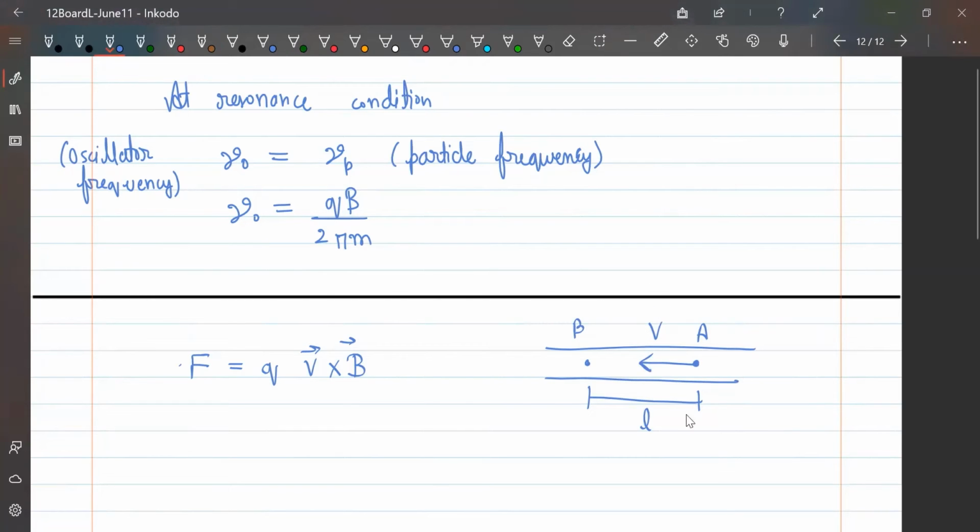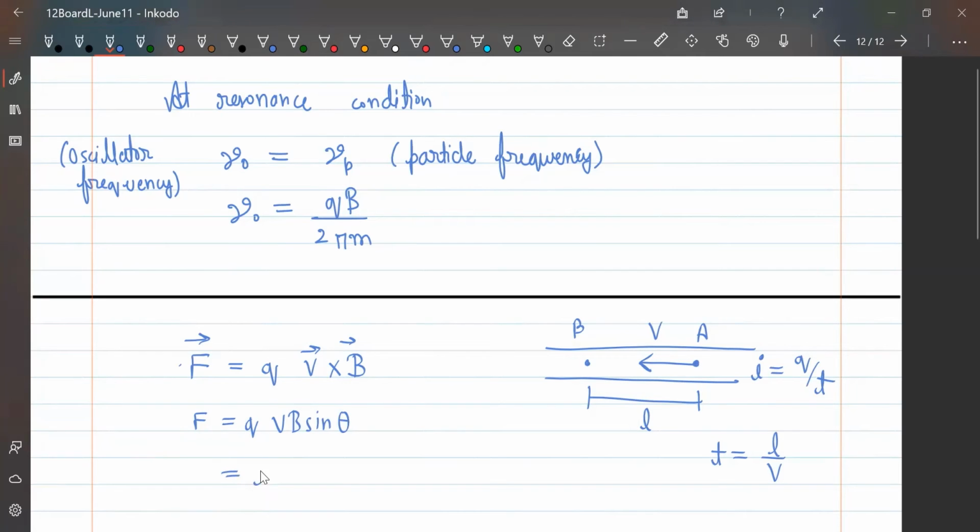And the time taken is L by V. Let us say current flow is I equal to Q upon T, so we can write Q as I into T. Q will be I into T. This is not an exact derivation. So force vector is QV cross B, so F can be written as QVB sin theta.